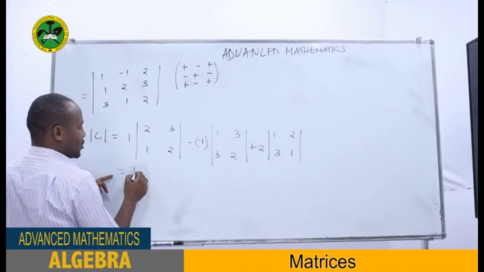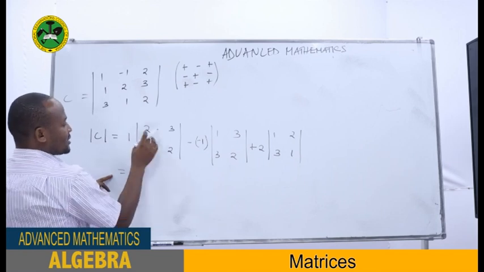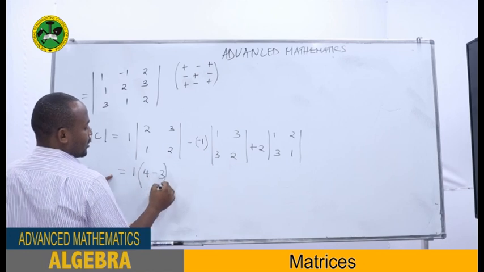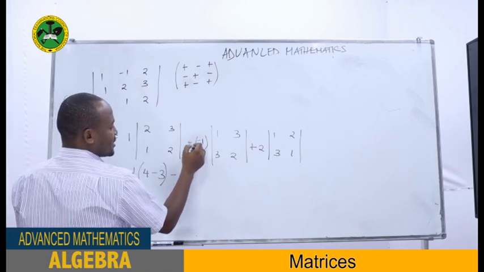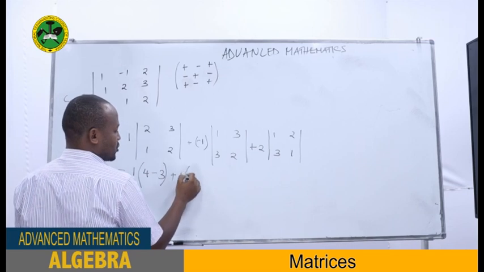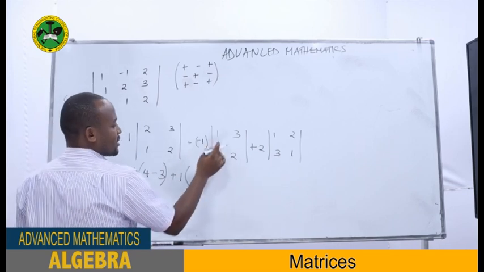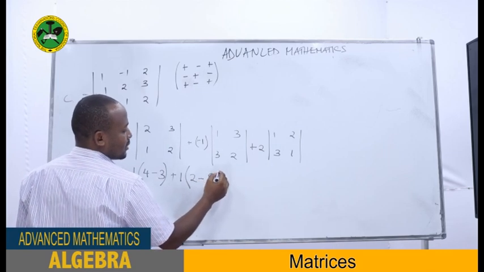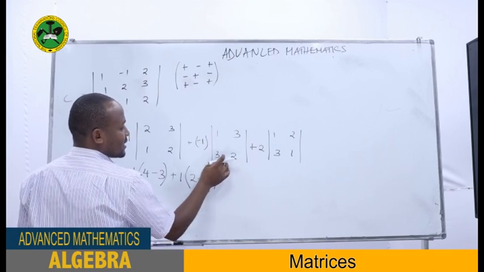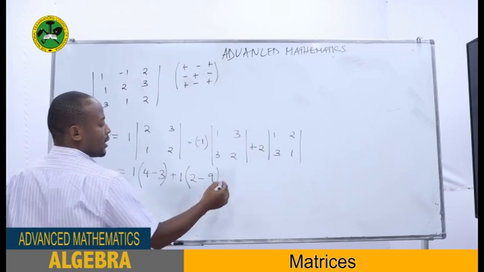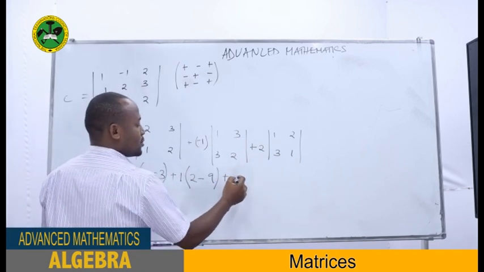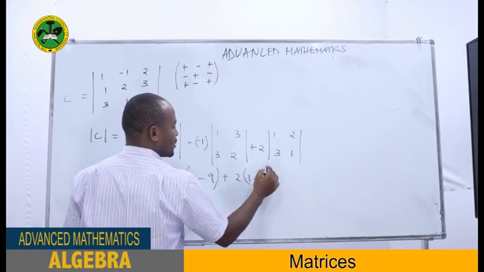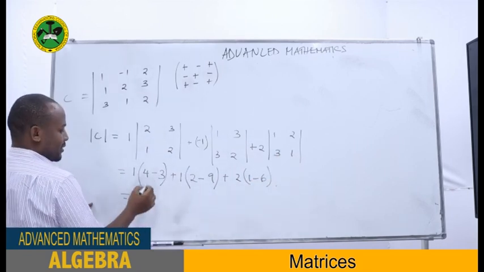Now let's do that. We have 1 times 4, that is 4. This times that is 3, and this times that is positive, that means plus 1, then this times that is 2. This times that is negative 9, minus 9, because you are supposed to subtract there. Then plus 2 times 1, minus 6. Let's finalize.